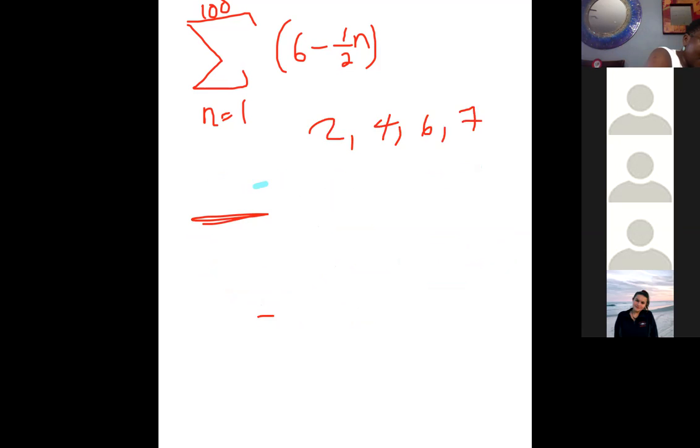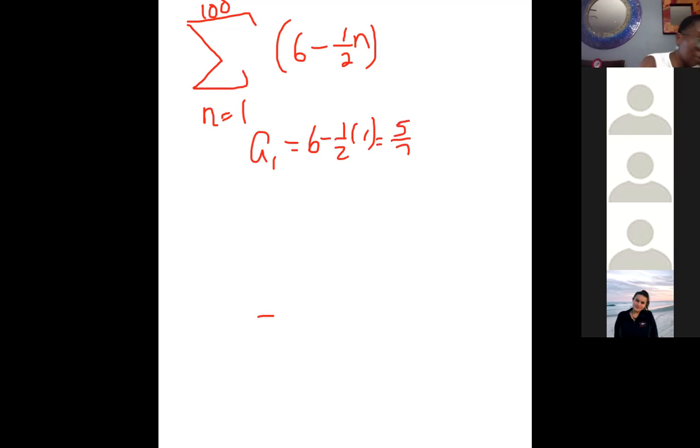Okay, so now guys, look. This is a summation notation. If you got a graphing calculator that can do it, definitely go ahead and do it on the calculator. But if you don't have a graphing calculator, here's what you do. Find the first term, plug in 1 into the formula. So the first term would be 6 minus 1/2 of 1, which gives you 5/2. And then find the last term. The last term is the 100th term. So you do 6 minus 1/2 times 100, which gives you 6 minus 50.